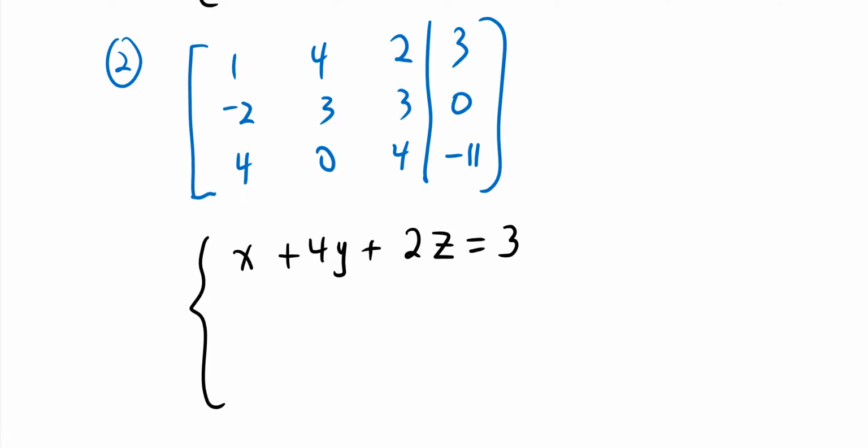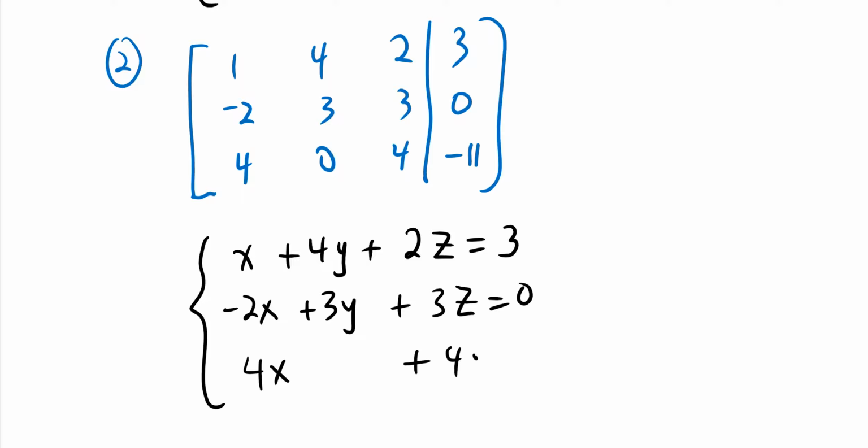I assumed x, y, z are the variables. You can put a, b, c, it's fine, any three variables. Negative 2x plus 3y plus 3z equals 0. Then 4x plus no y plus 4z equals negative 11. Now if you put 0y in the third equation, that's fine too. That's totally fine.